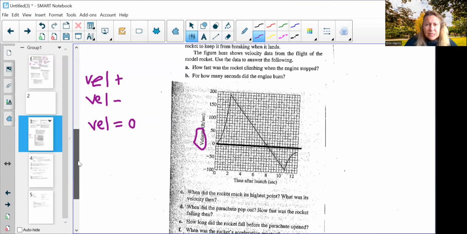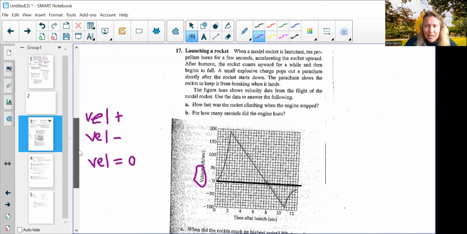But first of all, let's make sure we've read this. So we've got a rocket that's launched and it's propelled. It has a propellant that burns for a few seconds. So it starts off and it is accelerated. It has this extra burst of acceleration because it's got this propellant that is burning.